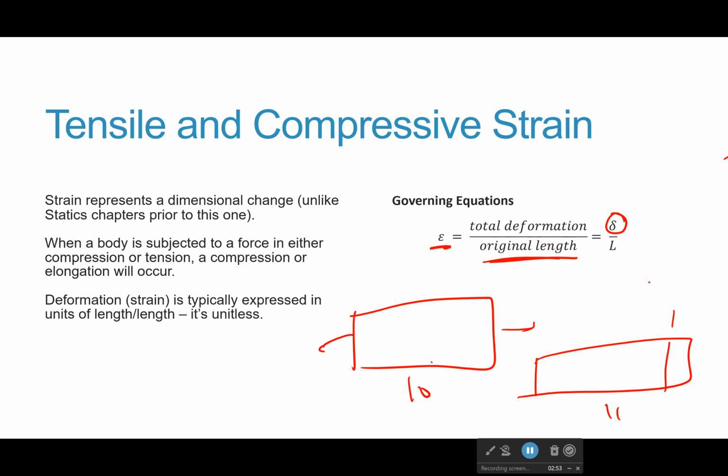And so my strain would be equal to 1 inch over 10 inches. It's a fraction. I've stretched 0.1 of my original length. If I multiply by 100%, I would get that was a 10% stretch.